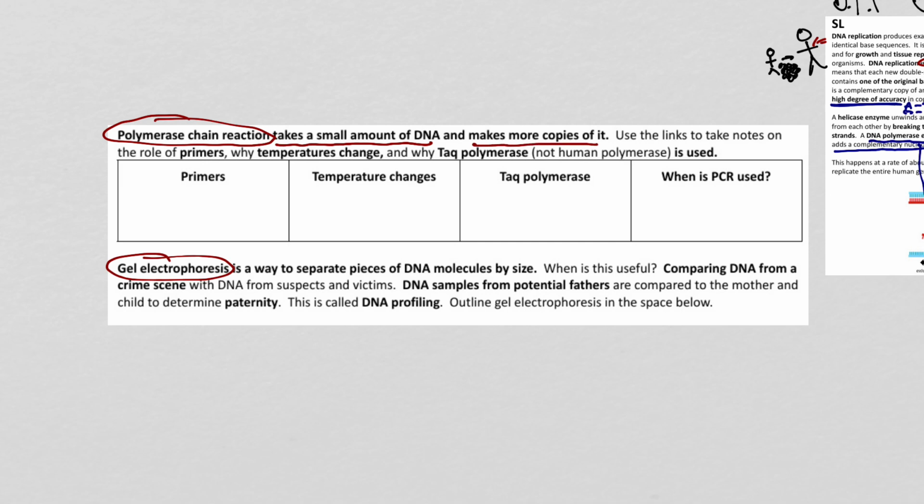This is super helpful if you are a detective taking DNA samples from a crime scene. You have a very small amount of DNA when you get a DNA sample normally, and you need to make a ton of copies of it so that you can do different tests to it. So polymerase chain reaction, or PCR, will allow you to do that.